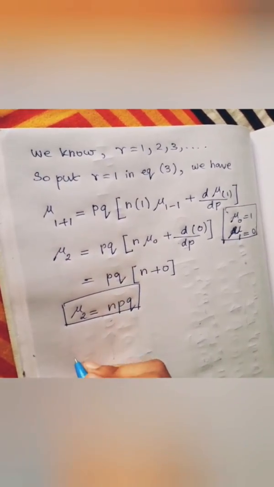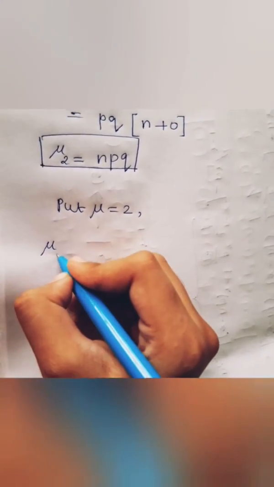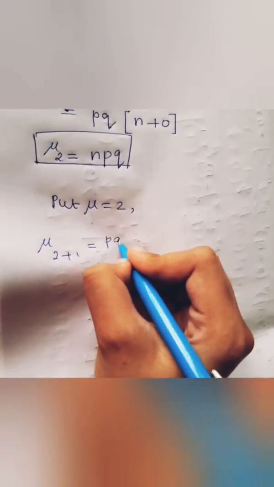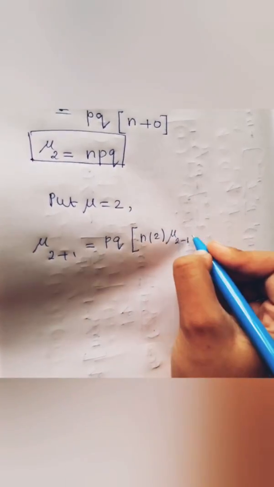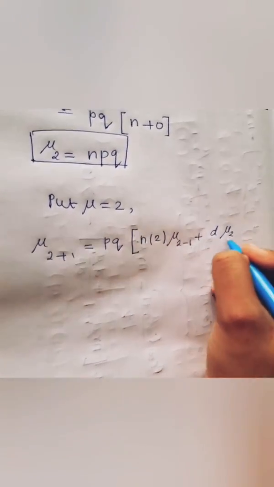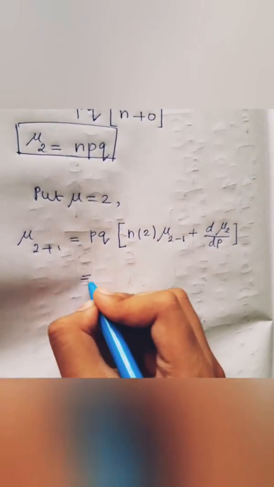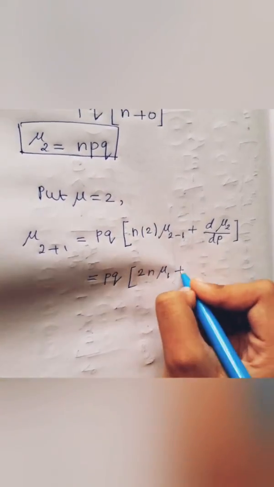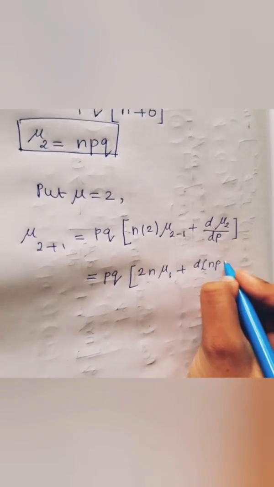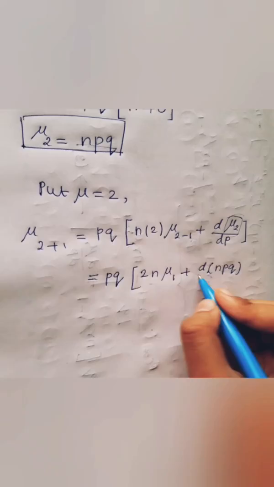We are writing for r is equal to 2, so put, sorry, it's r equal to 2. Then mu 2 plus 1 is equal to pq n into 2 mu 2 minus 1 plus d mu 2 divided by dp. In the left hand side it becomes mu 3 is equal to pq into 2n mu 1 plus d mu 2, we are substituting npq, so npq divided by dp.